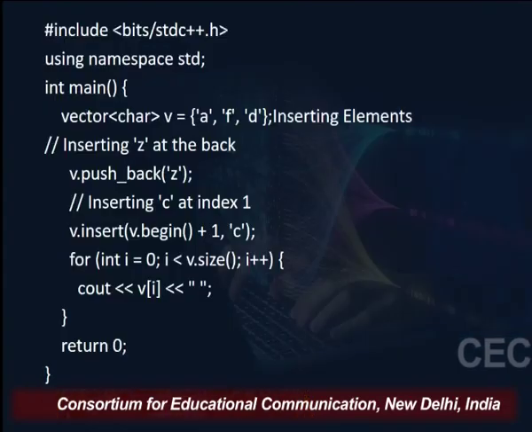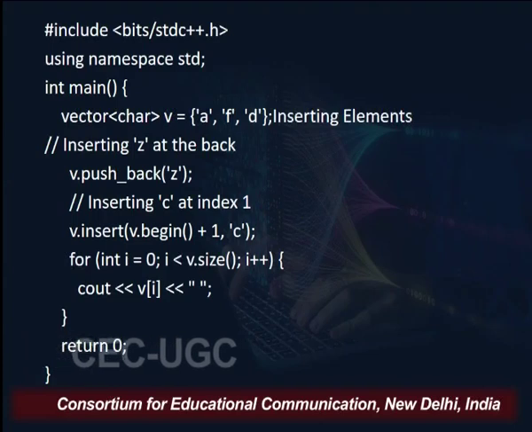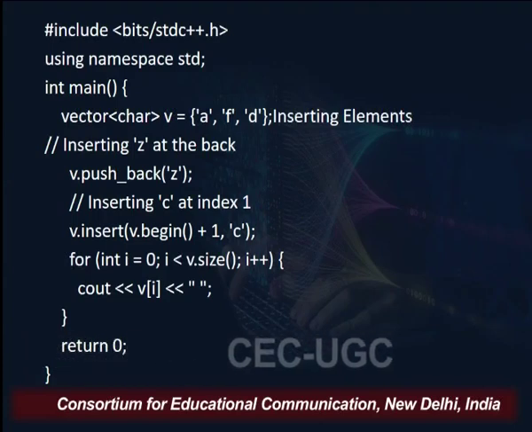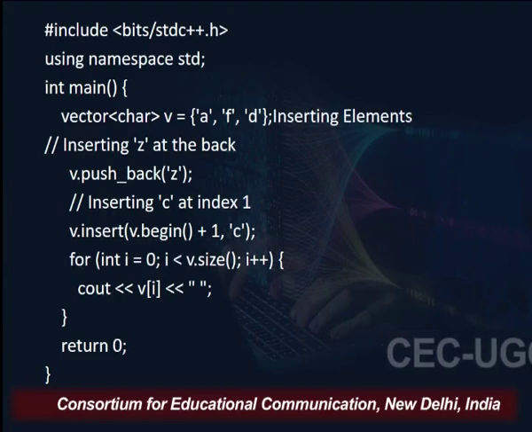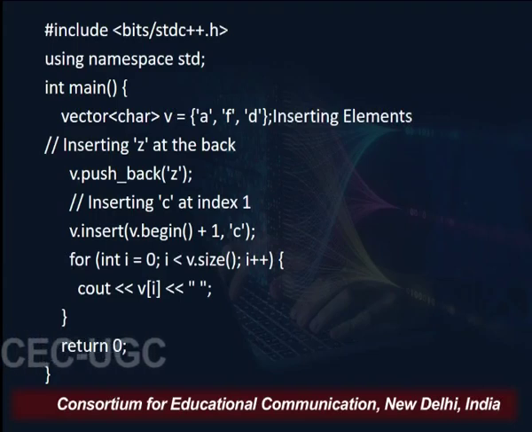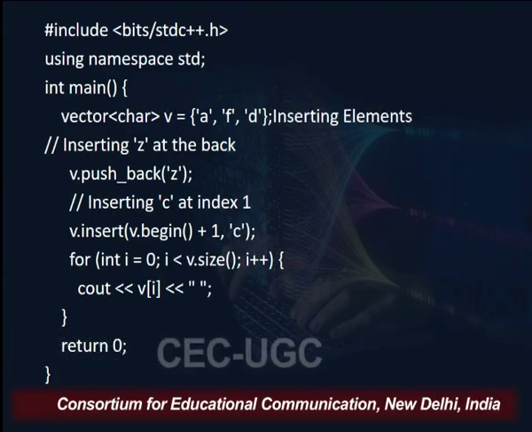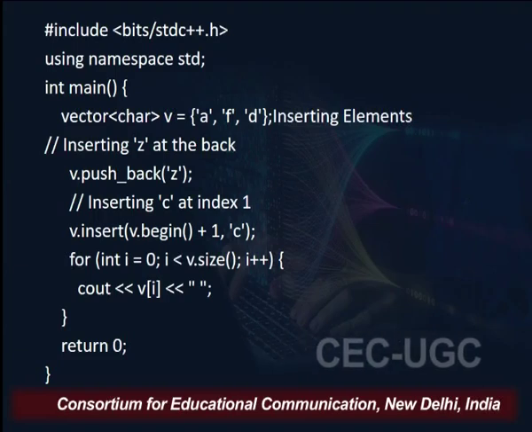Let us see how these two can be used. We have a vector v with 3 elements, a, f and d, and let us say we want to insert the element z at the back. So, we say v.push_back.